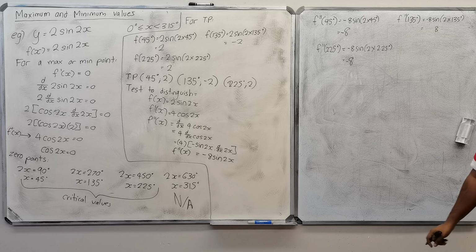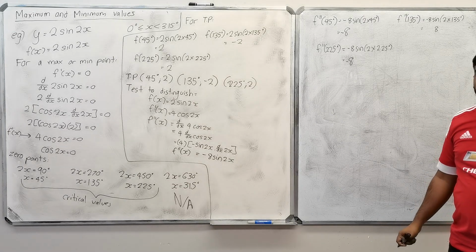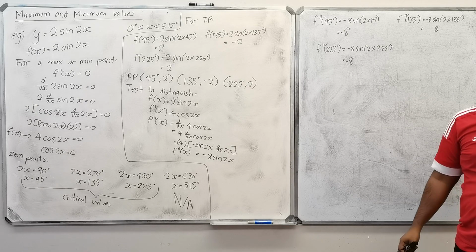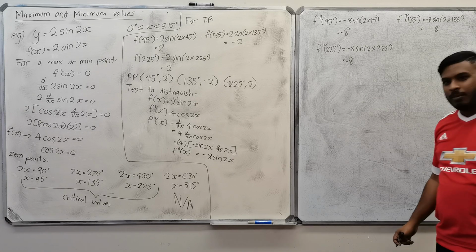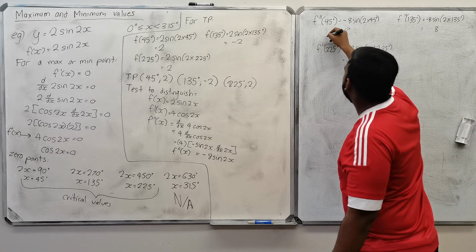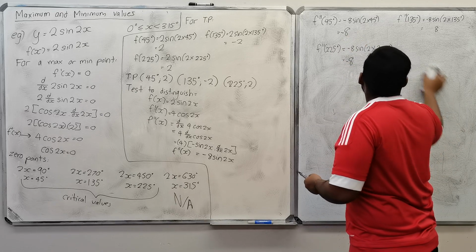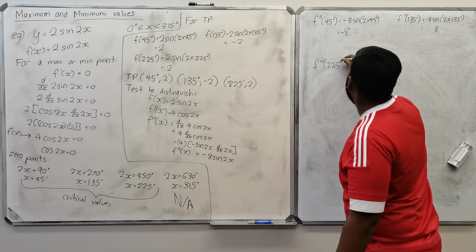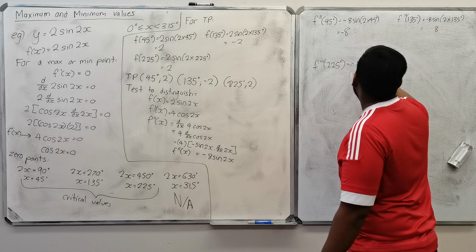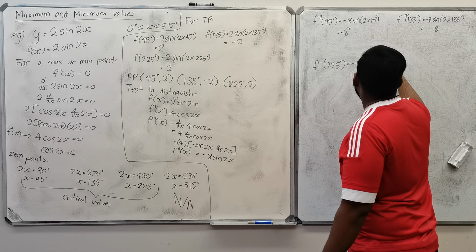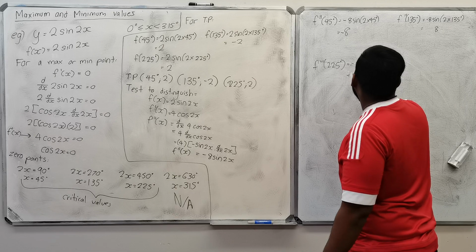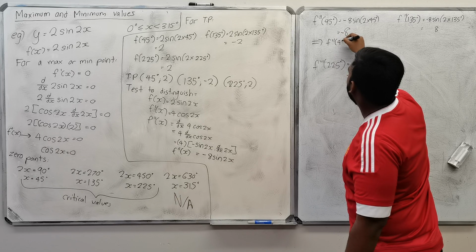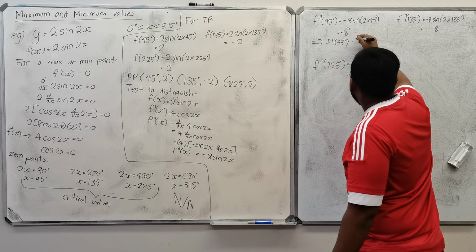Okay? Now remember what we said. If your second derivative is greater than 0, you end up with a minimum point. And if it's less than 0, you end up with a maximum point. So for here, f double prime of 45 degrees is less than 0.